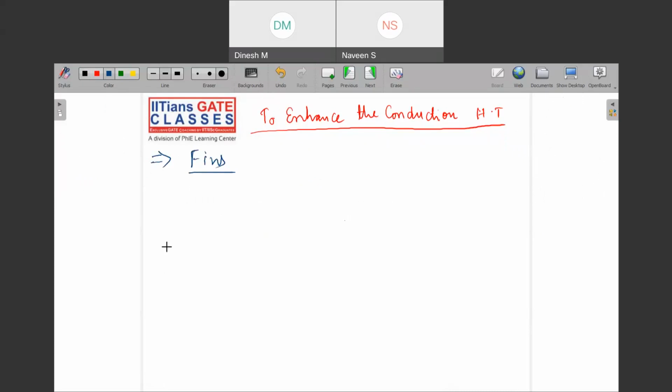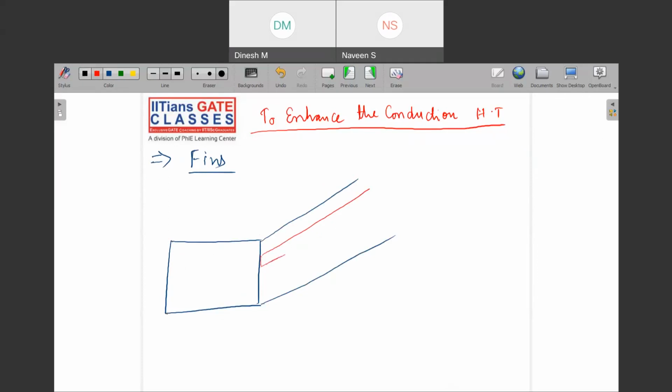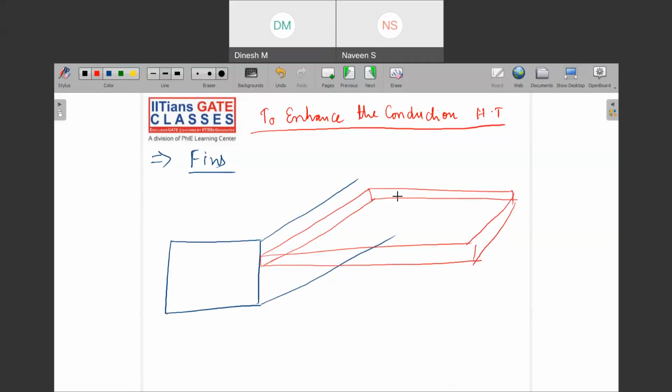Let us say that this is the surface I have, and then let us say we are installing some fins into it. What I have done is added an extended surface to it.